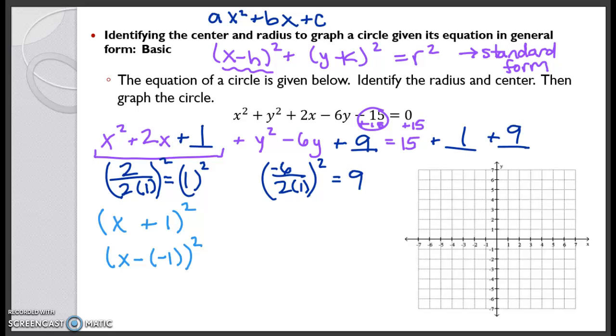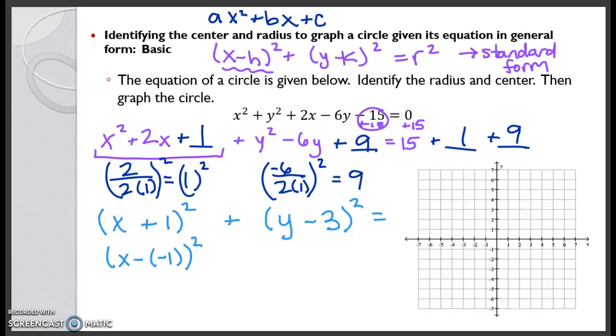Now that factors into y minus 3. Now where did I get the minus 3 from? Well, we know that y squared minus 6y, so we need it to equal the minus 6y. Okay? We could get that from just taking b, which is negative 6, dividing it by 2a, and getting that negative 3.